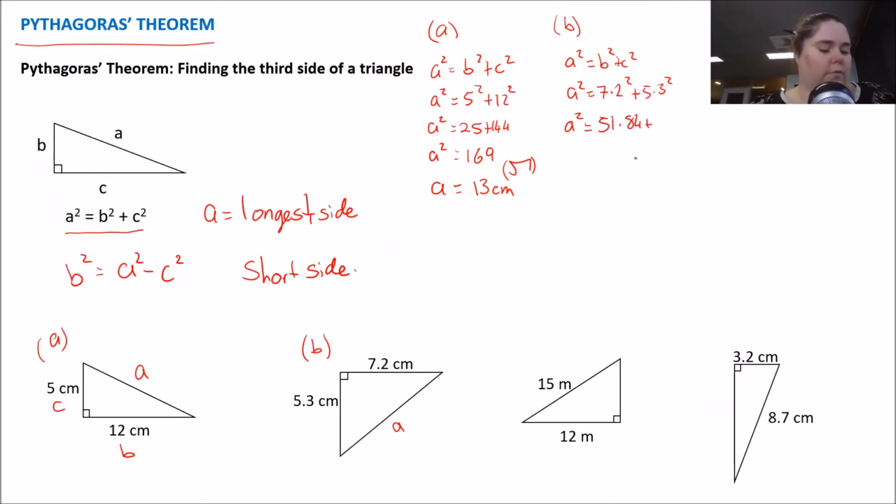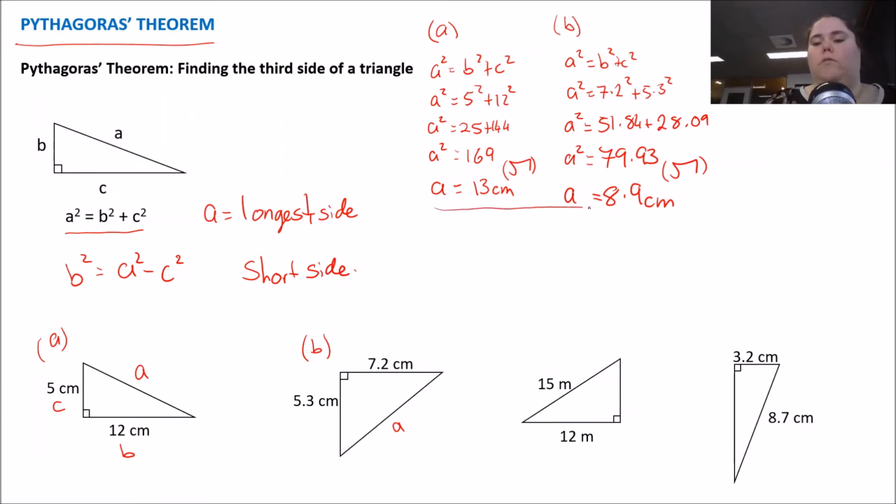So a squared equals... alright, and then our last step is we square root that. So square root of our answer is 8.9. And there we have it.